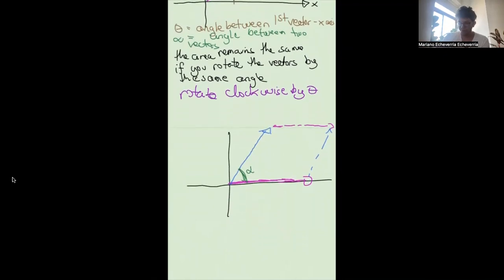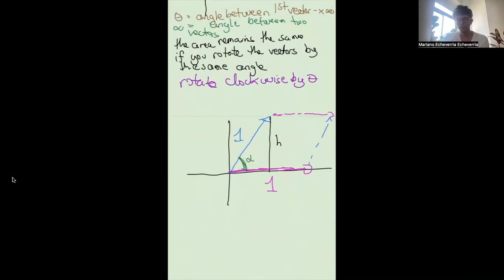I don't know if you remember, there was a formula, hopefully that you saw maybe a long time ago, for the area of a parallelogram. So the area of a parallelogram is base times height. Okay.